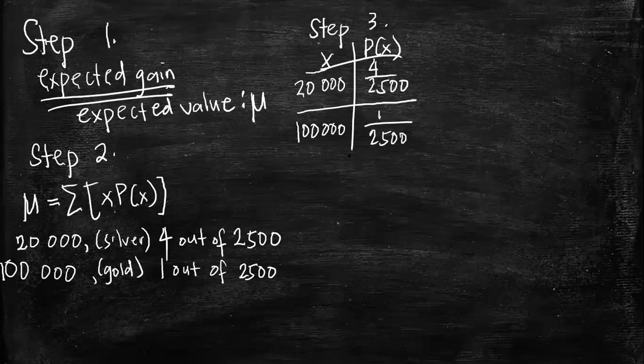Ngayon, class, this is a discrete probability distribution dapat, kasi hinahanap natin yung mean ng discrete random variable. Ngayon, ito bang nasa table natin na nasa step 3 ay isang discrete probability distribution?